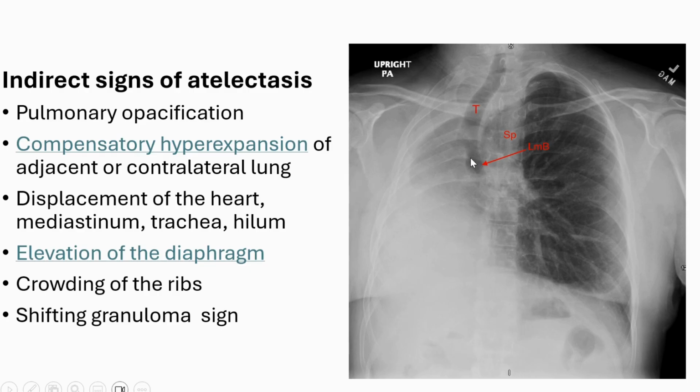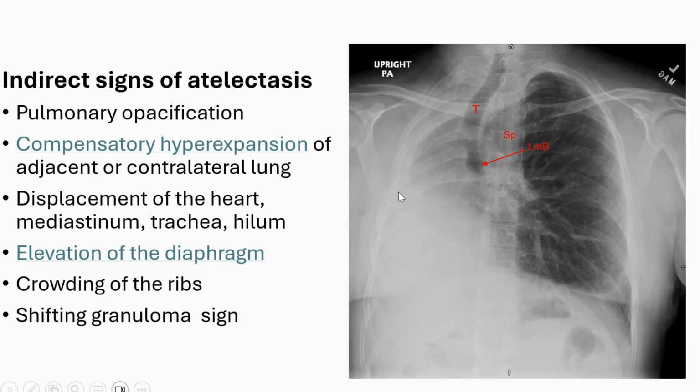As we can see, this is the trachea displaced to the right side and mediastinum is also shifted to the right side. And in the segmental collapse we can see that the hilum is pulled towards the collapsed side. And so we can see this in the lobar or segmental collapse.